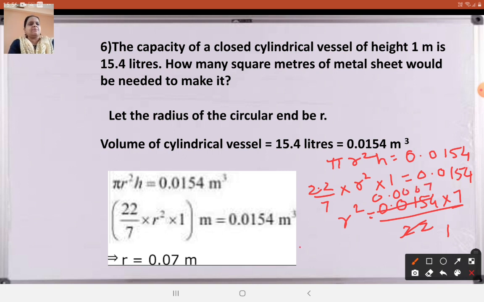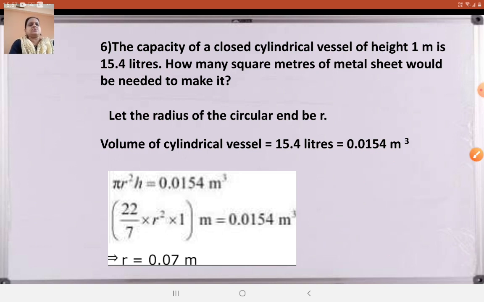Then if you multiply, you will get r square equal to 0.0049. And when you take the square root, it will become 0.07. With the calculation I have shown, you can write the answer from here. Okay. So we got the r value as 0.07 meter.